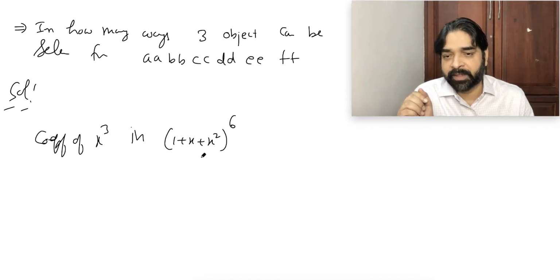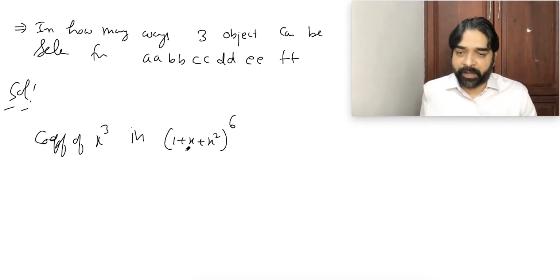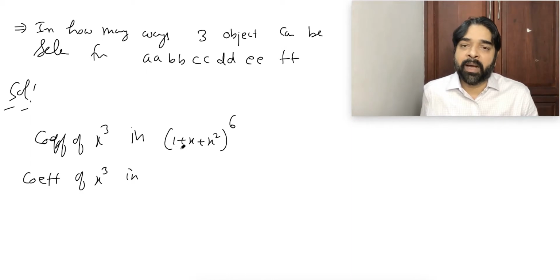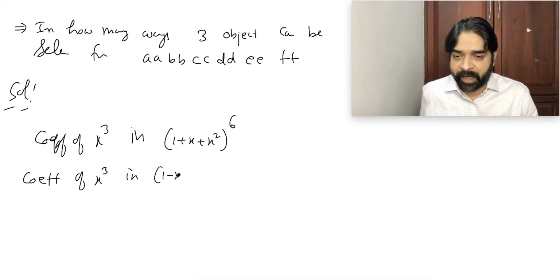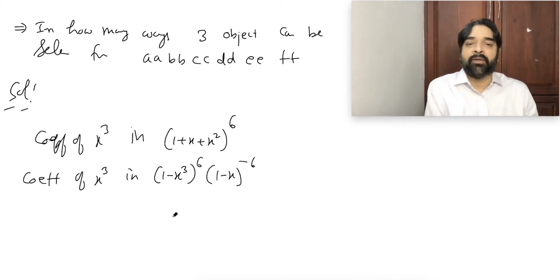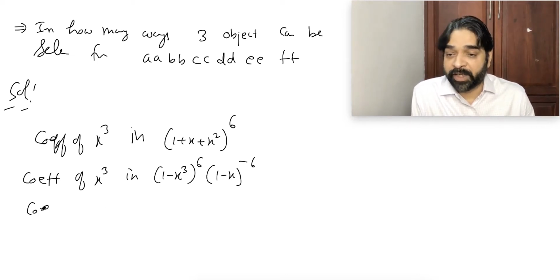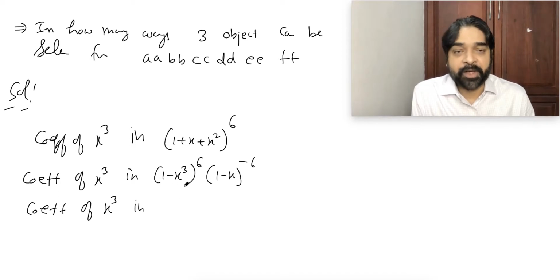And this, if you want to do, that's very simple. This is the GP. So I'll say coefficient of x cube in (1 minus x cube) power 6 into (1 minus x) power minus 6. I hope all of you will understand. We discussed all this. If you expand this one, the first term will be 1.